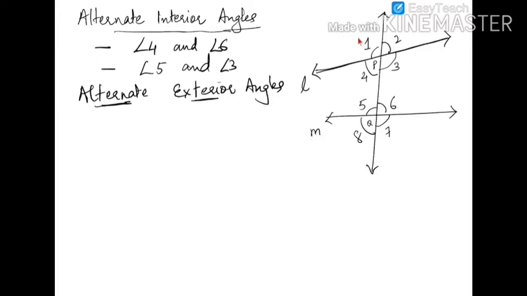So 1 is on the left side, 7 is on the right side of the transversal, but they are in the exterior region, so they are called alternate exterior angles. Similarly, the other pair of alternate exterior angles is angle 2 and angle 8.